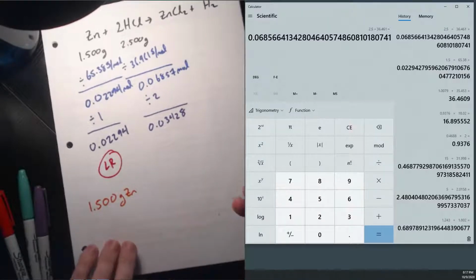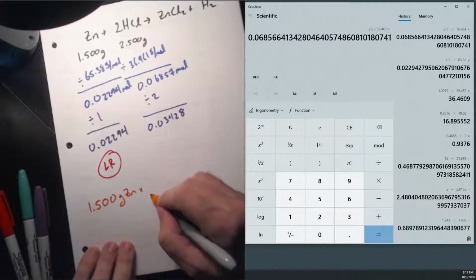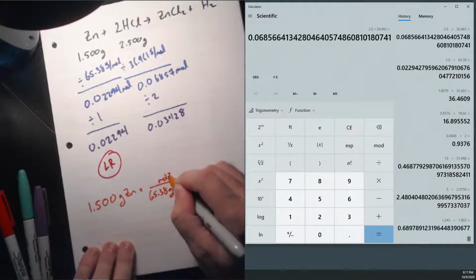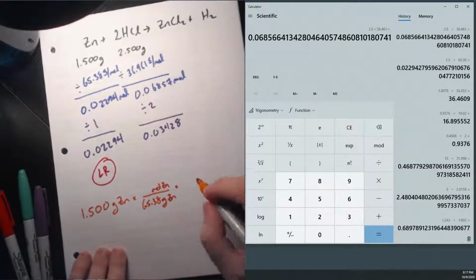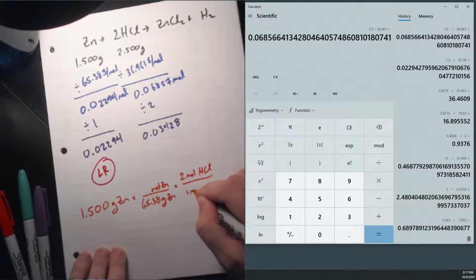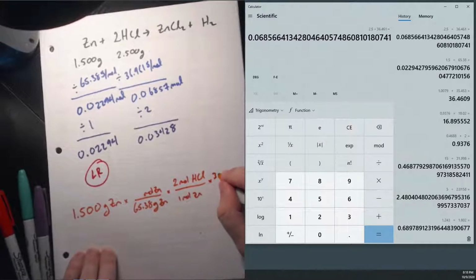We can just say how much hydrogen chloride do we need for that. So we convert it to moles. And then we do the stoichiometry. We use 2 moles of HCl for every 1 mole of zinc. And then we convert it back to grams.